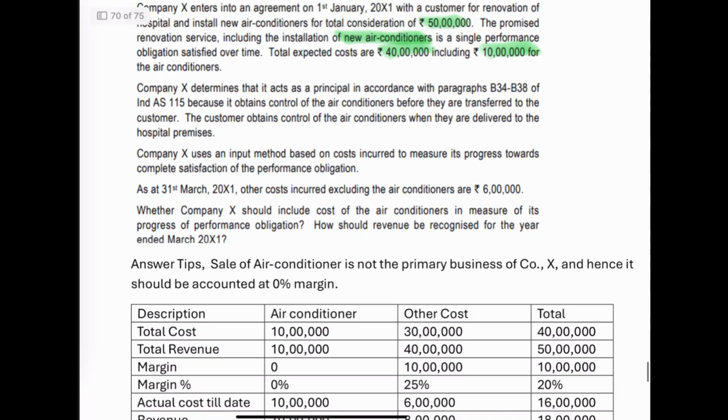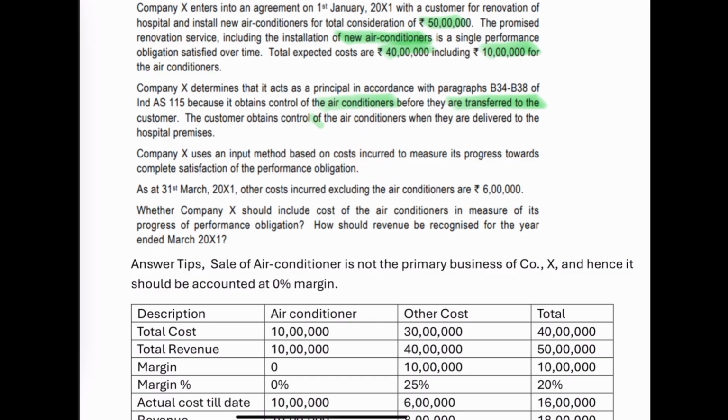Company X determines that it acts as a principal in accordance with paragraphs B34 to B38 of Ind AS 115 because it obtains control of the air conditioner before it is transferred to the customer. So before it is transferred to the customer, company X obtains control of the air conditioner.